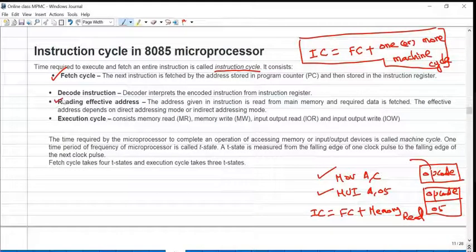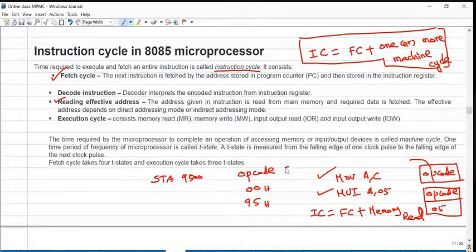And then reading effective address. What do you mean by reading effective address? Suppose STA 9500: first opcode, and 00 lower order address and 95 higher order address. So opcode fetch, memory read operation.